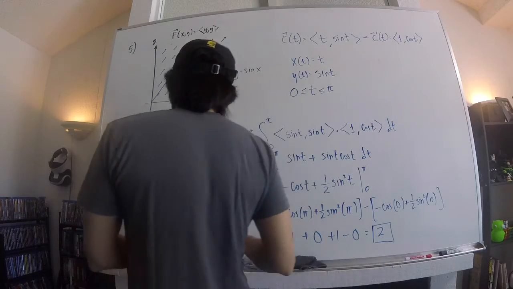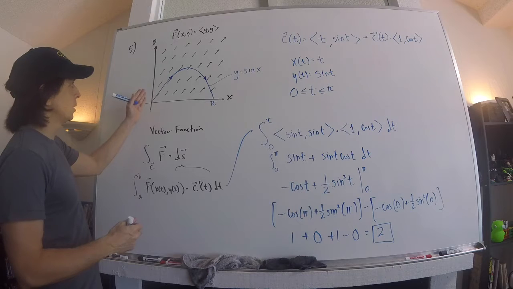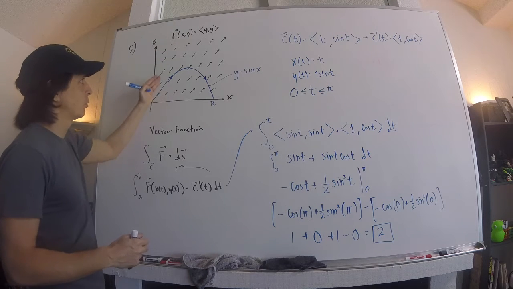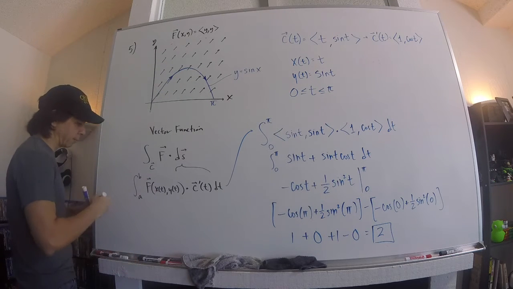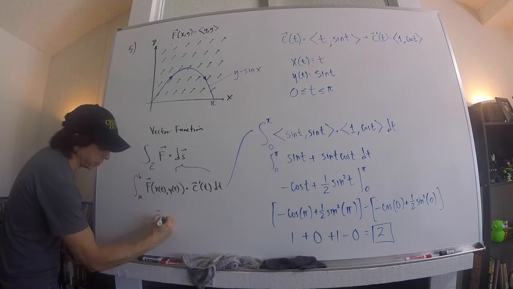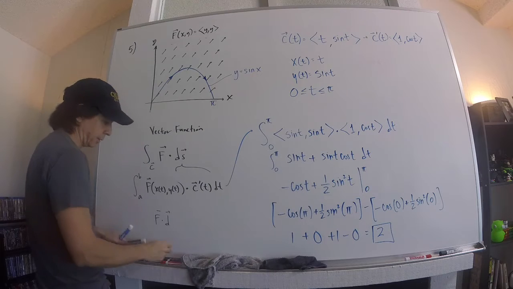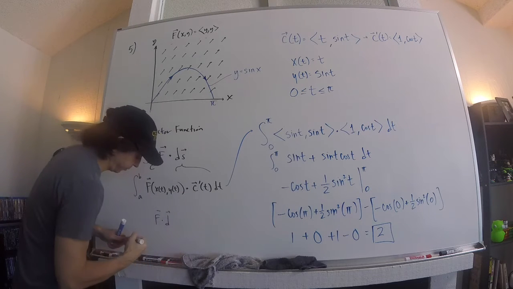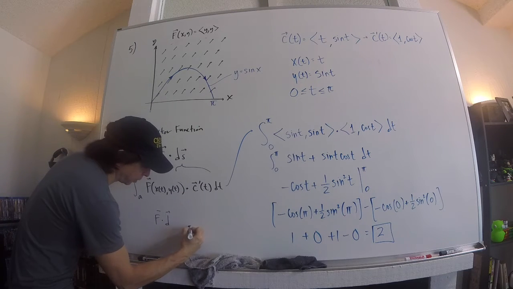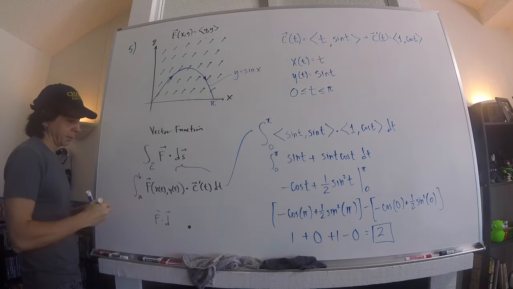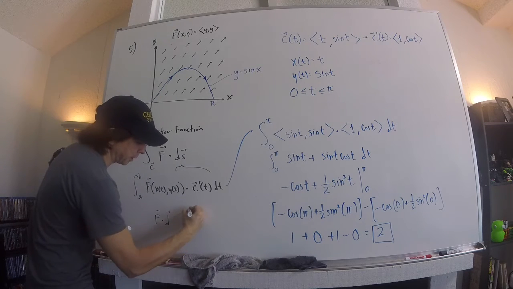And what it's doing is it's basically doing this dot product. So the idea is if this is a force field, but your path is going that way, then the work done by that force is force dot product distance. So you're basically looking at little points in time where you're looking at a point moving along that path, and it's having a force being applied that way.